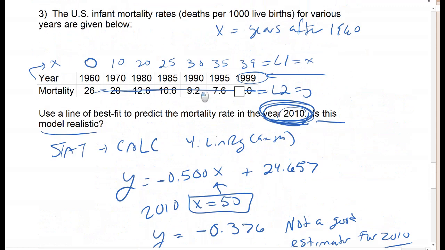So I could use this line to predict any time between 1960 and 1999, but it's probably not a good idea to go past 1999, especially 11 years past it. And sometimes that happens. Sometimes statistical information isn't always good, and it's especially not good to use it well outside its boundaries. Now, if I had asked you for the year 1965, that would have been perfectly fine to use this for.